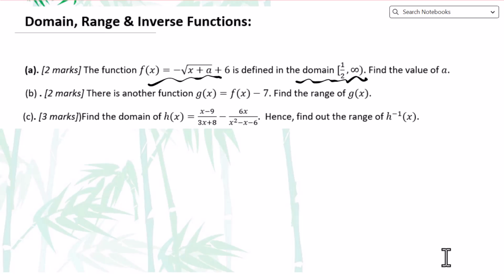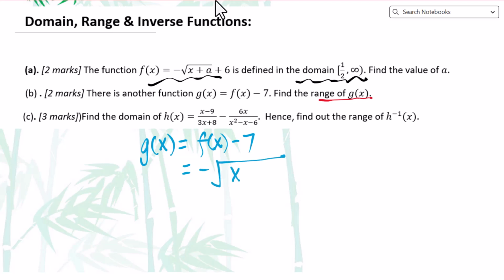There is another function g of x equals f of x minus 7. Find the range of g of x. Do the substitution. F of x equals negative square root x minus 1/2 plus 6.